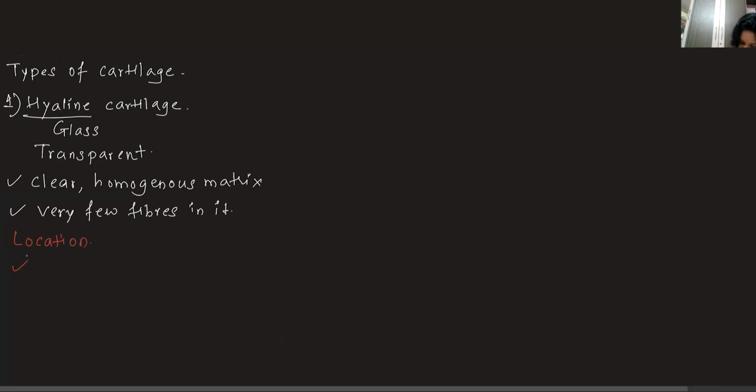It is seen at the ends of long bones, at the ends of bones at a joint, where this cartilage is called articular cartilage.